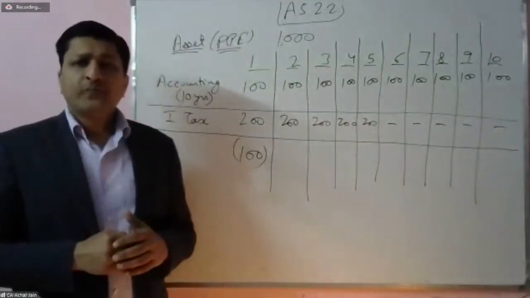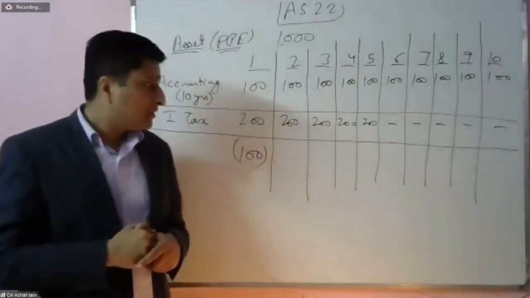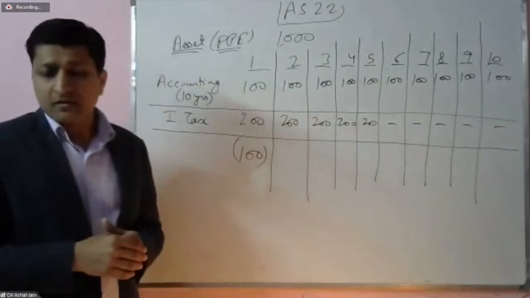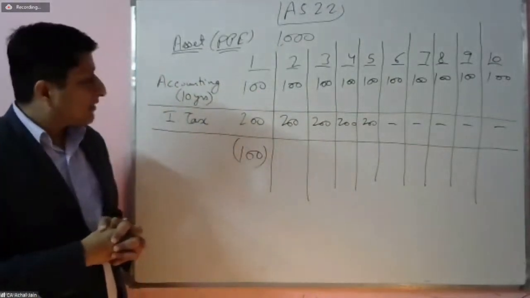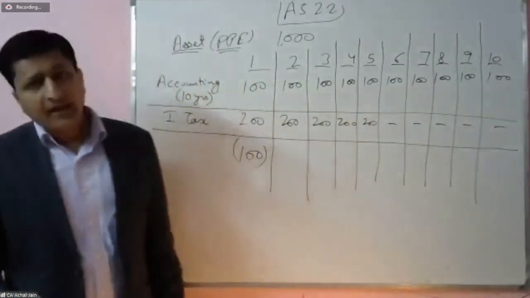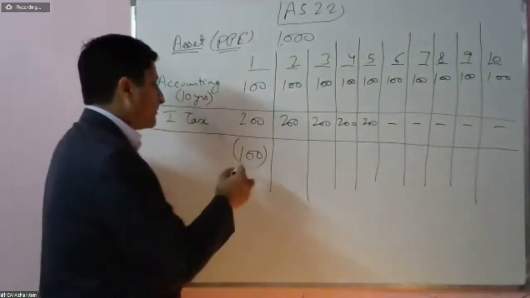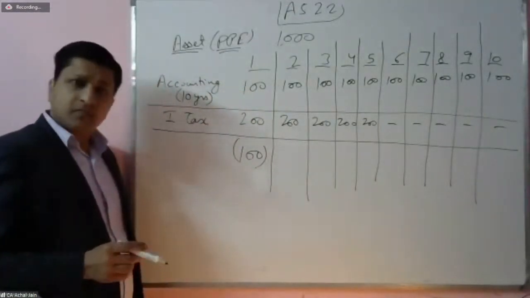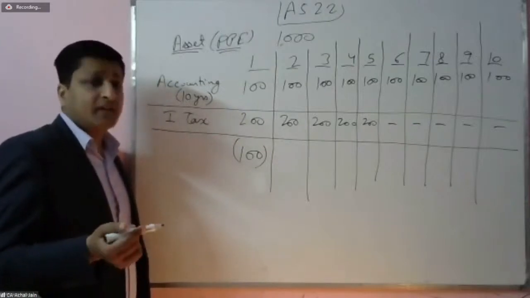But now, because I have considered higher depreciation amount, why? Because the income tax required me to do that. So that's why I will pay lower tax. Correct? I will pay lower tax on this much amount. Correct? Let's suppose tax rate is 30.